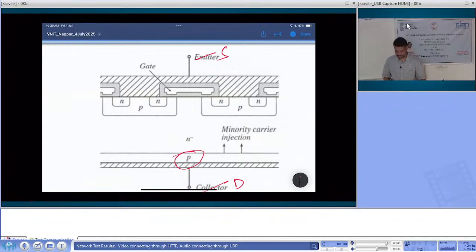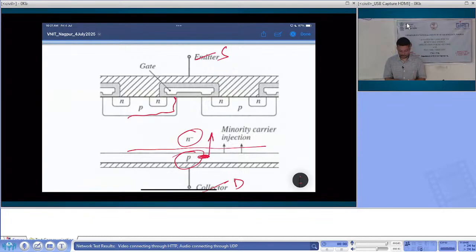How it helps is that when you want to block a voltage, still a depletion region would be created, the same way, and if you want to block a larger voltage, you need a larger depletion region, same funda. But the positive thing is that when you turn on the device, some of the minority carriers in this region enter the major region, and they also help in conduction.